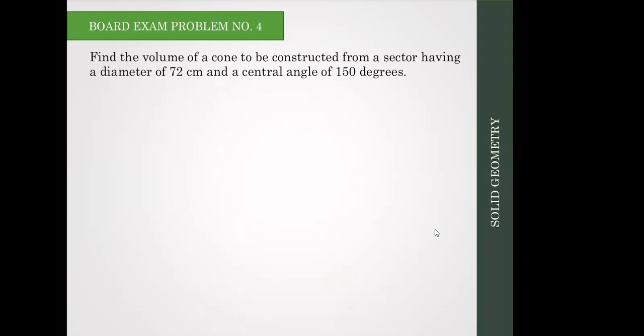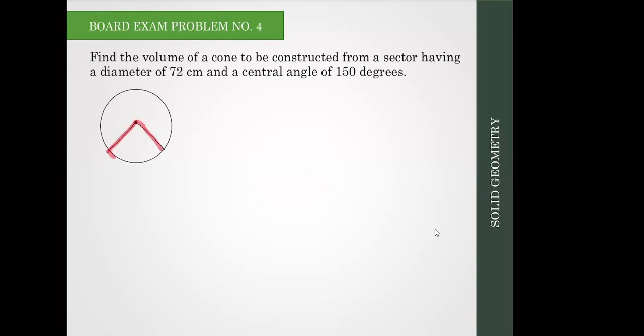Okay, so ibig sabihin from a two-dimensional object, so ito yung 2D natin, meron tayong sector na gugupitin, no? After natin gupitin, i-form natin siya as cone, no? Pinapahanap natin ano yung magiging volume ng cone na yon once na kinat na natin yung portion na yon.